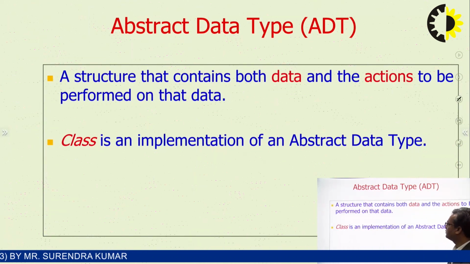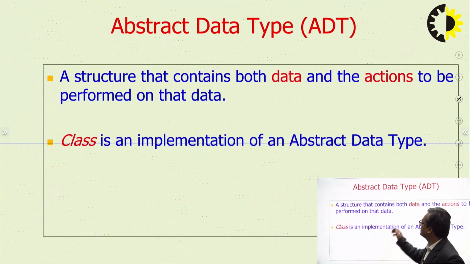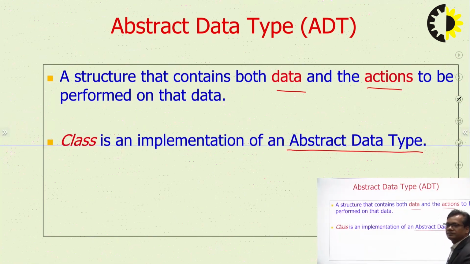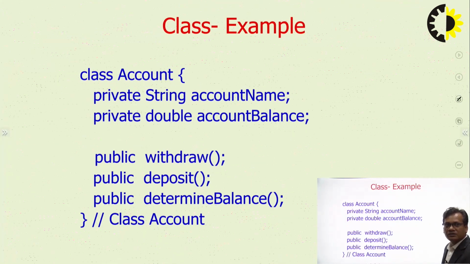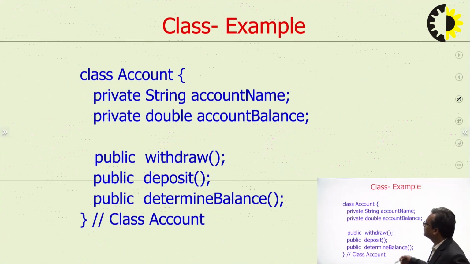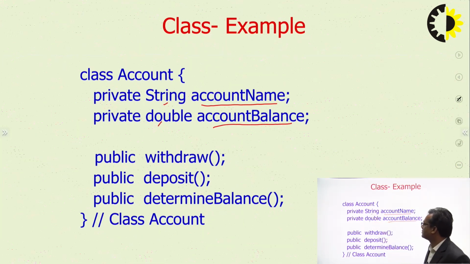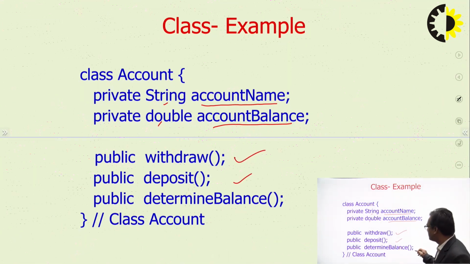An abstract data type is a structure that contains both data and actions to be performed on that data. So a class is an implementation of an abstract data type, right? Here we have an example of class Account, which contains attributes account name and account balance, having different data types, String and double, and some methods for withdrawal, deposit, and determining balance.